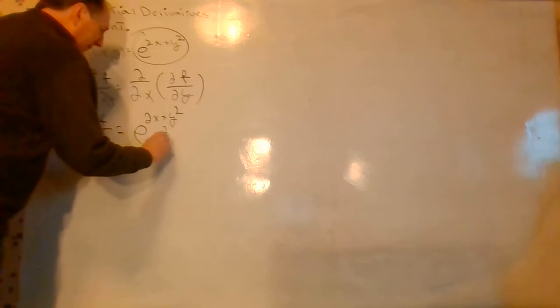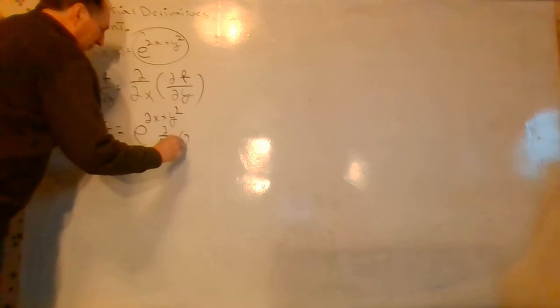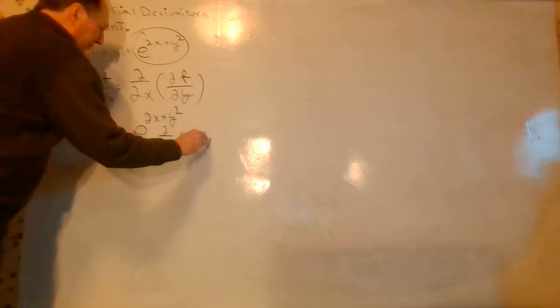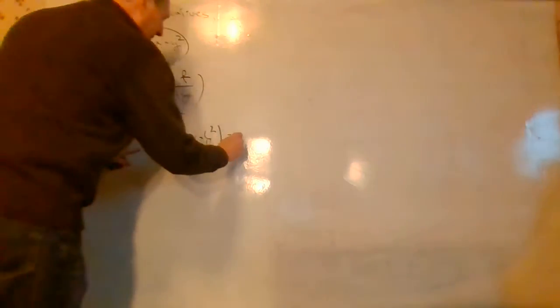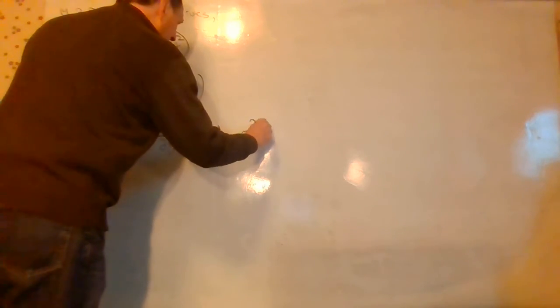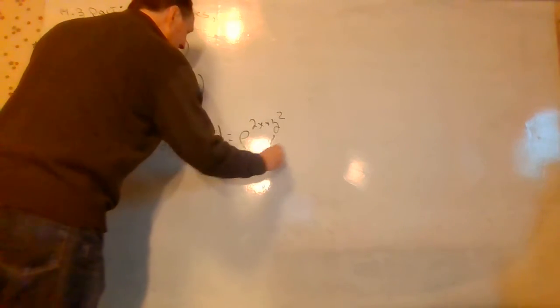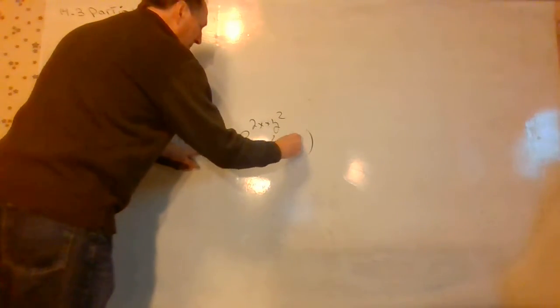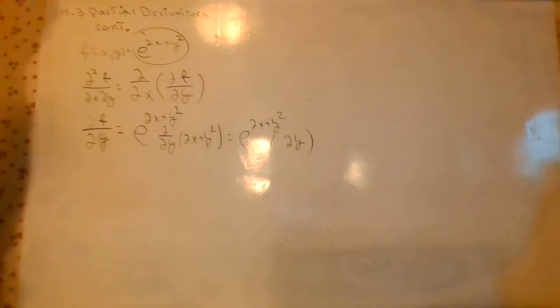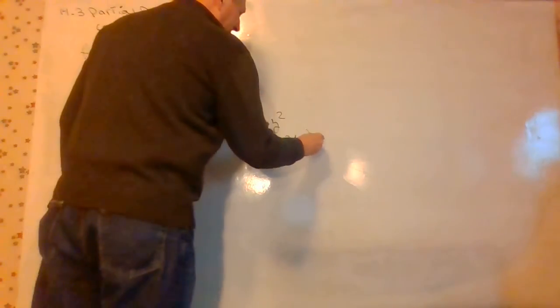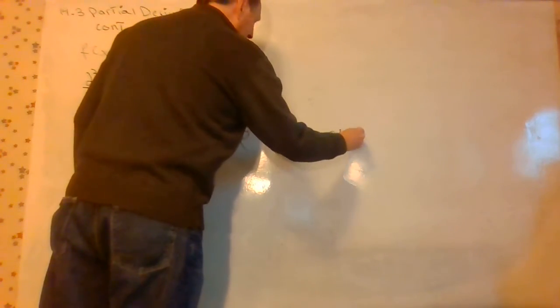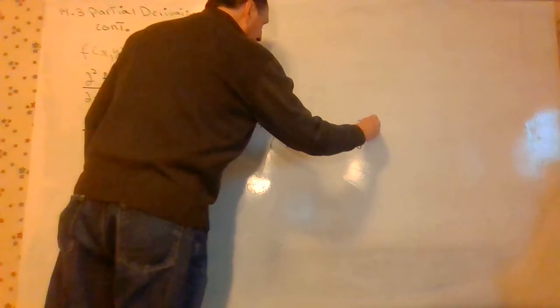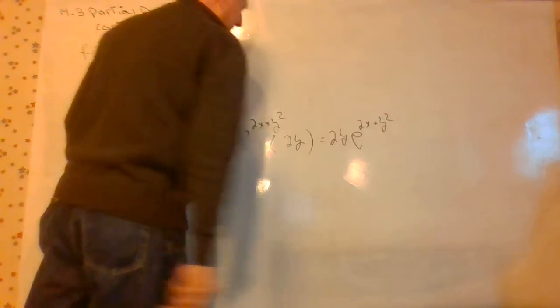I'll write it in here, although customarily we just do it without writing this extra step. And so that gives us e to the 2x plus y squared times the y partial of that, which is 2y. And of course we can simply write that as 2y e to the 2x plus y squared.